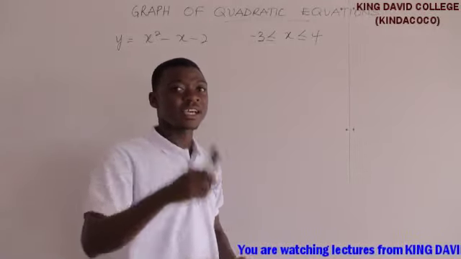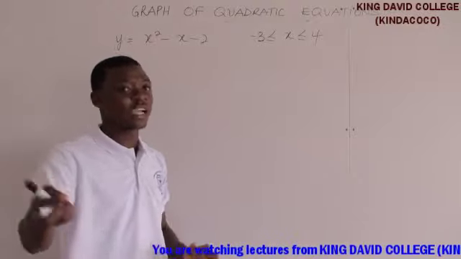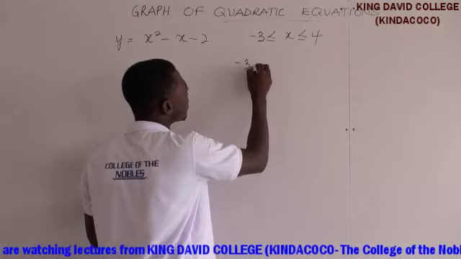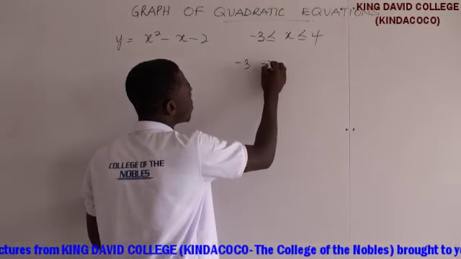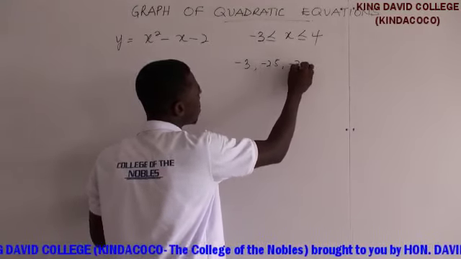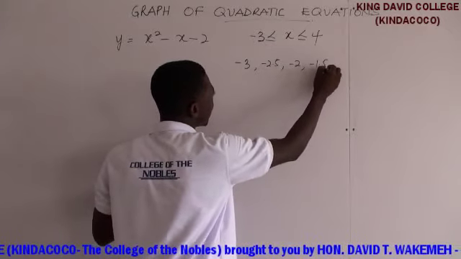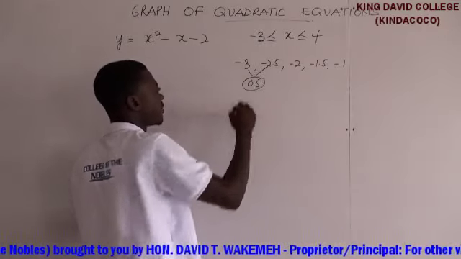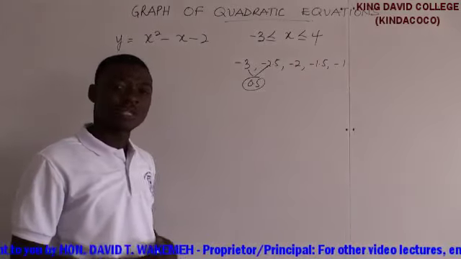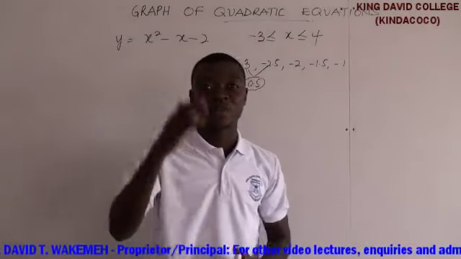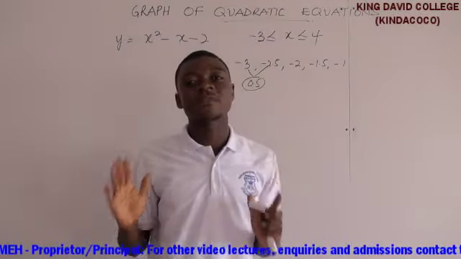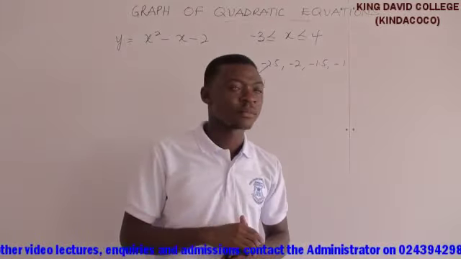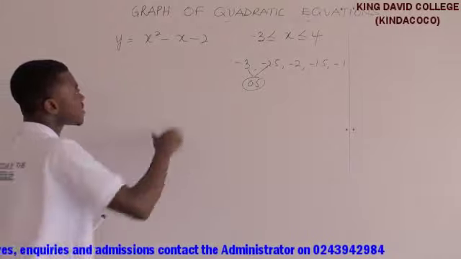But if the interval is given to you as 0.5, then that means this is going to be more like -3, then the next is going to be -2.5 before -2, then -1.5, -1, like that, so that the interval between them is 0.5. Depending on the interval they have given you is what you are going to use. But if the interval is not mentioned, then you assume it to be what? 1 unit.